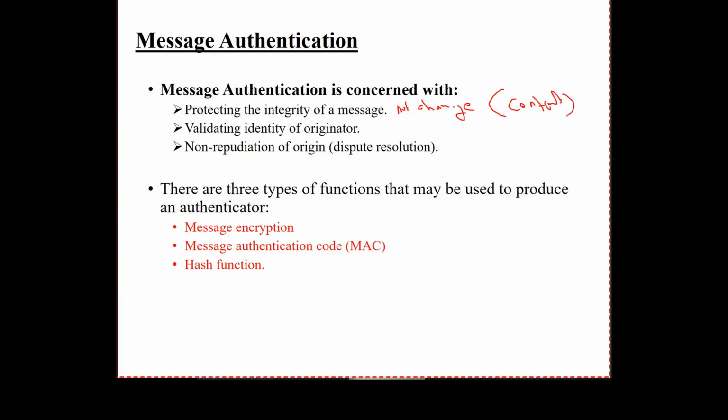If I write to you that we will have a test on Tuesday, message authentication makes sure that no one changes it to Monday or next Wednesday, and so on. This is the integrity of the message: the content is not changed.